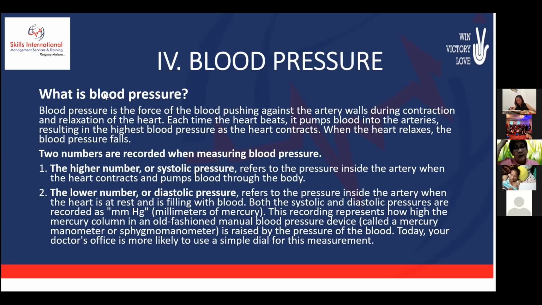Both the systolic and the diastolic pressures are recorded as millimeters of mercury. So this recording represents how high the mercury column in an old-fashioned manual blood pressure device called a mercury manometer, which sinabi na natin kanina, tinanggal na natin yon.